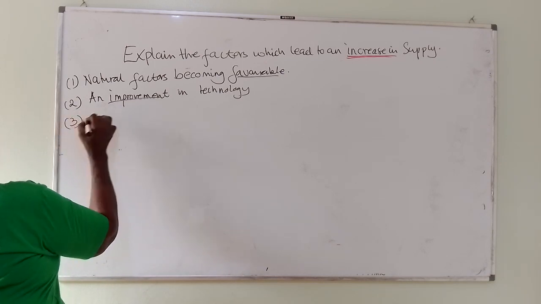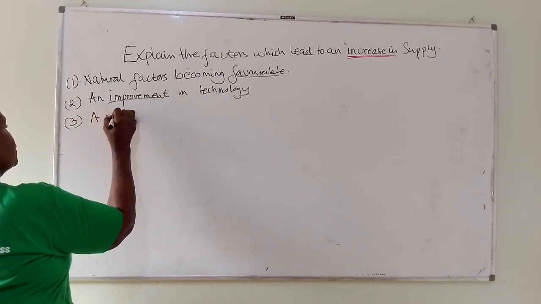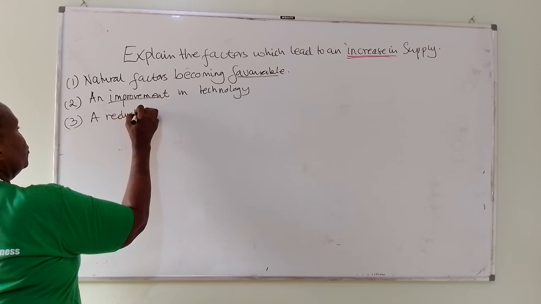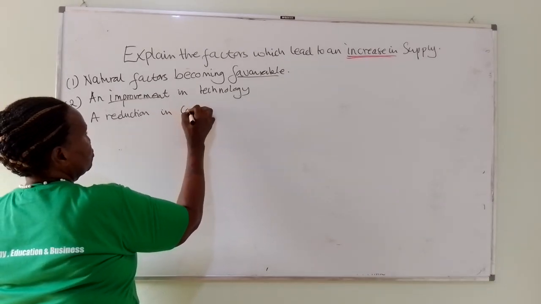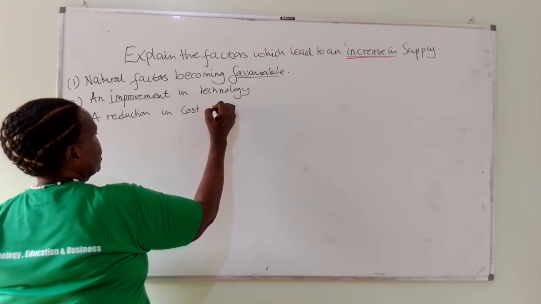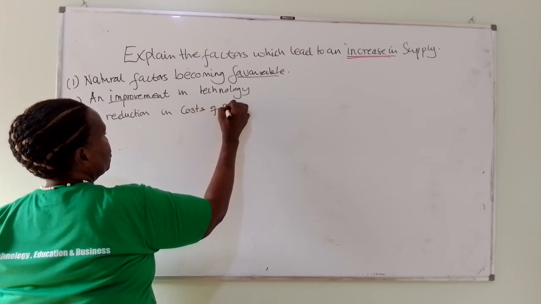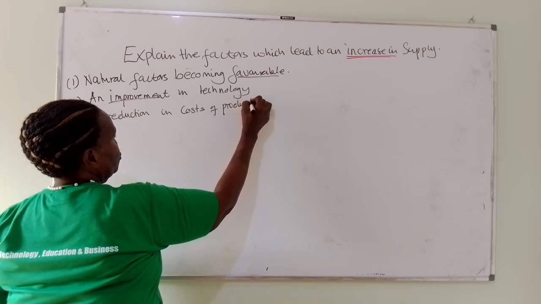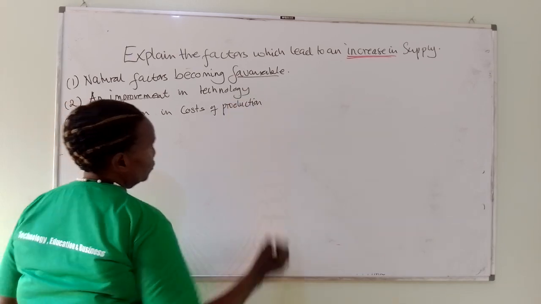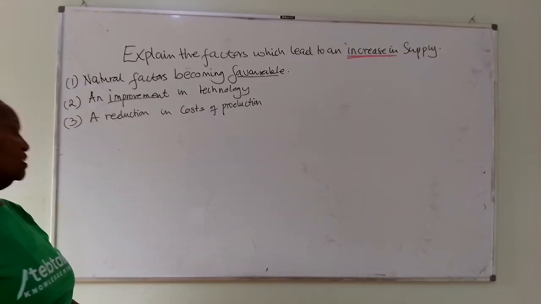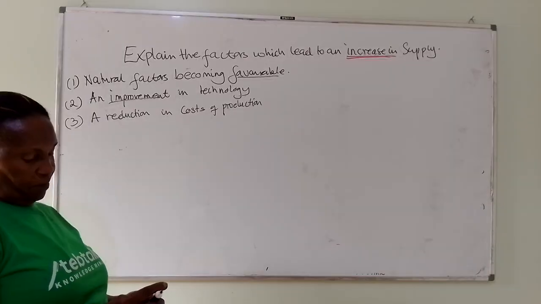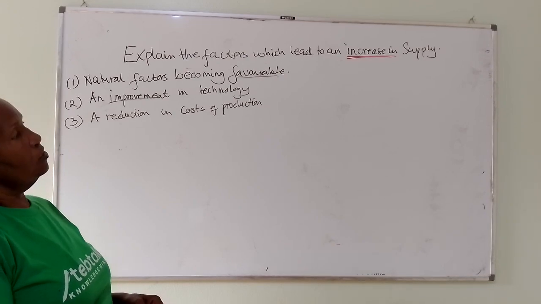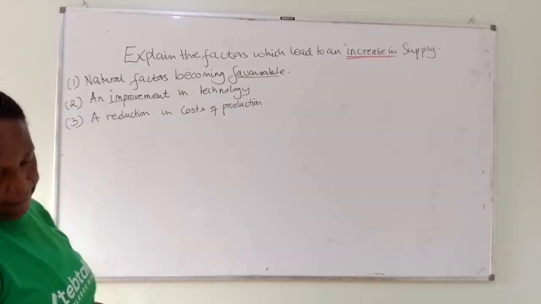Third, a favorable factor, a reduction. What do we need to reduce in order to increase supply? In costs of production. A reduction in costs of production. So whenever you use less money or lower expenses in the production process, it is an encouragement for the supplier or the producer to increase the supply.